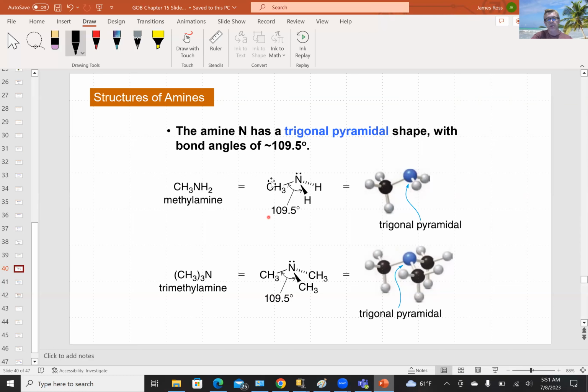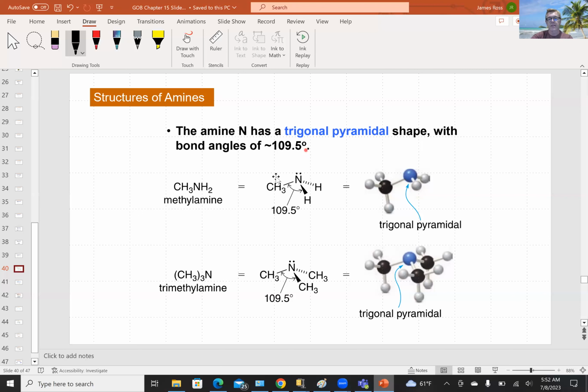Okay, the structure around the amine, if you cast your mind back to our VSEPR lecture, is based on a tetrahedral electronic structure, but the geometry is trigonal pyramidal because we don't reflect on the lone pair. So we just look at what's left without the lone pair, and what's left is a three-sided pyramid.